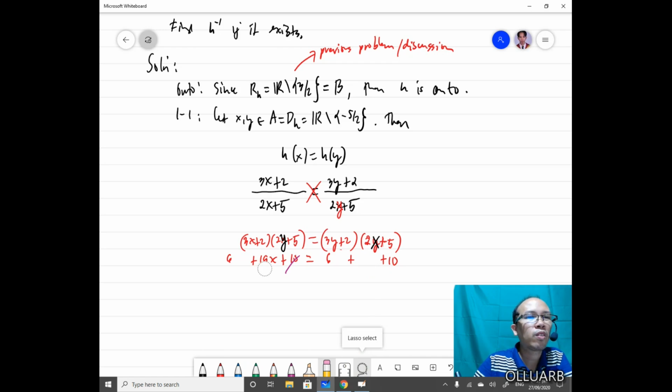This one. So this is 6xy. The middle term is, sorry, we have different variables.